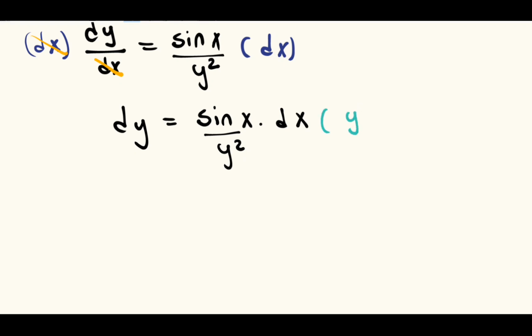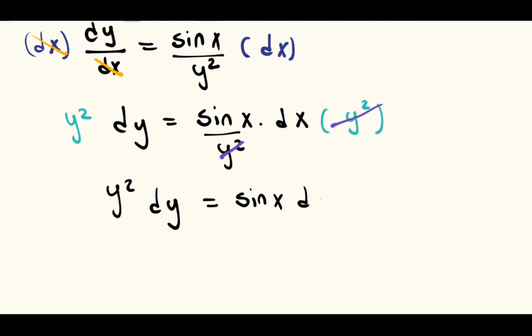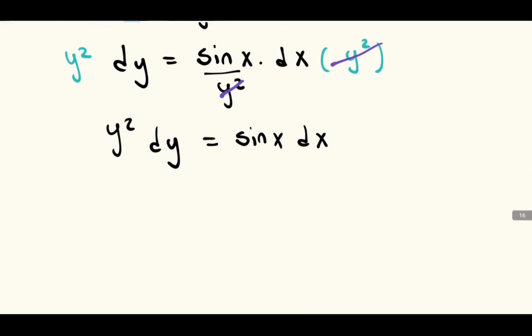We multiply both sides of the equation by the y squared, and that y squared and that y squared will cancel out each other, and on the left hand side we have y squared multiplied by dy, and on the right hand side we have sin x multiplied by dx. We introduce the integral sign both sides of the equation.